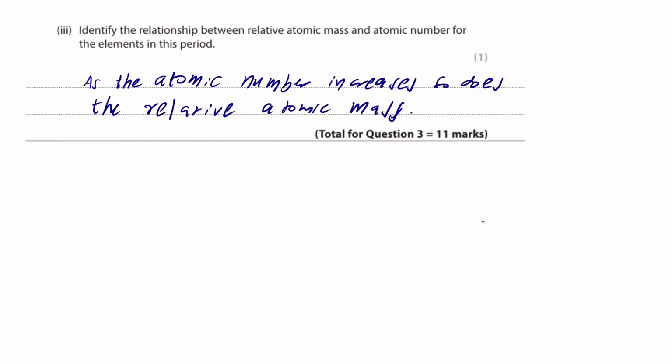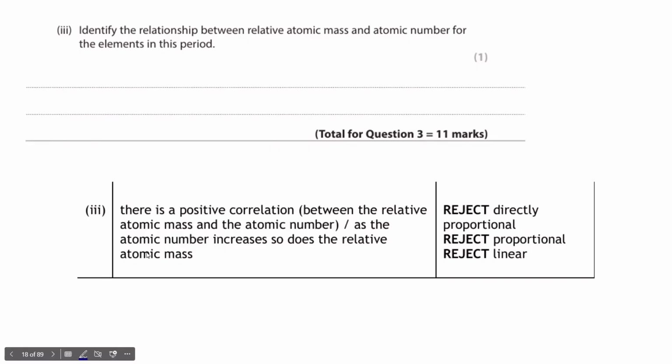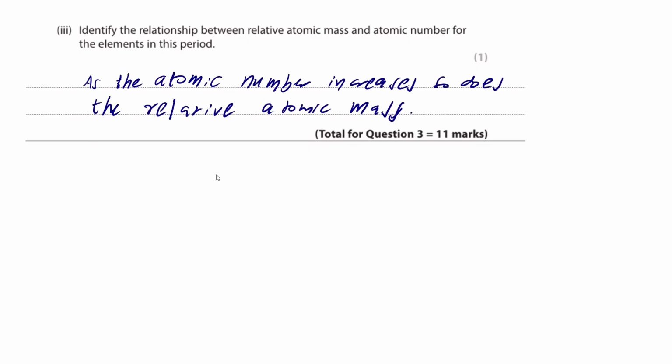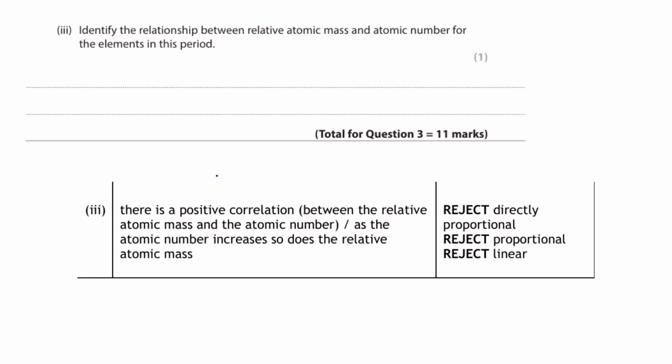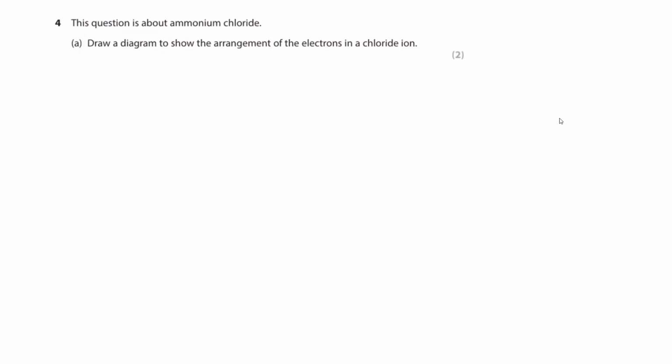That also increases. You can write something like that. Okay, now we'll go to the next question. Positive correlation between the relative atomic mass and the atomic number. As the atomic number increases, so does the relative atomic mass. So that's the answer we wrote. But can you see here? Reject directly proportional, because it's not directly proportional, because it's not a straight line in that graph.